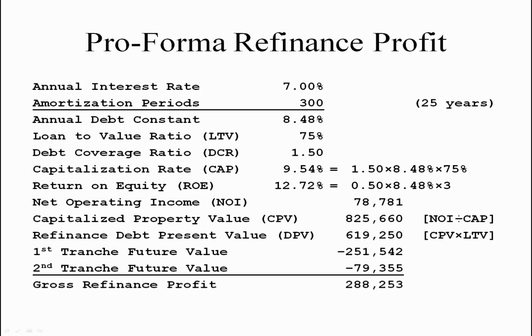You still own the property with net cash flow, no net cash invested. Your cash out is tax-free, which you can roll into the next property. This is how you grow your wealth.